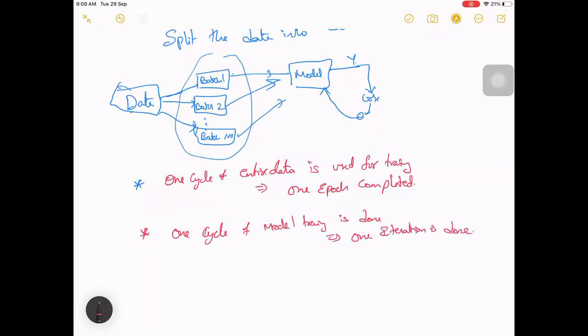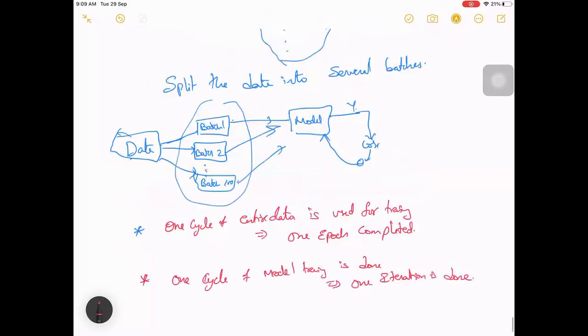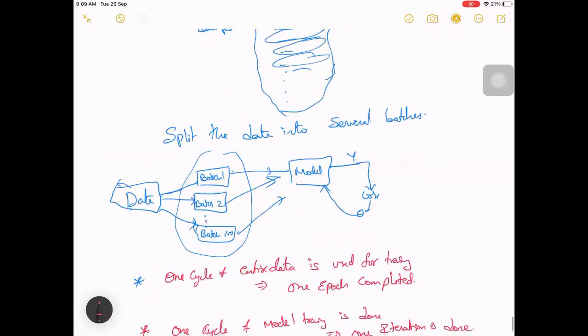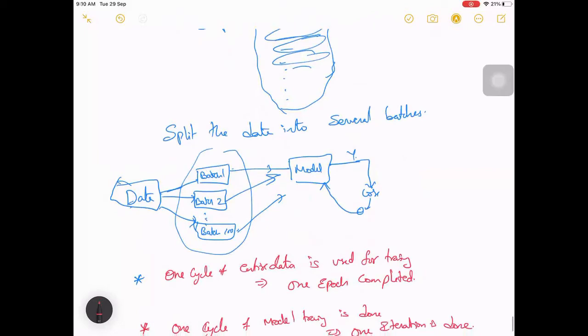So here, if you can see in this batch-wise gradient descent, the number of iterations for one epoch, let us say there are 100 batches here. It will iterate 100 times and update the parameters here, right?